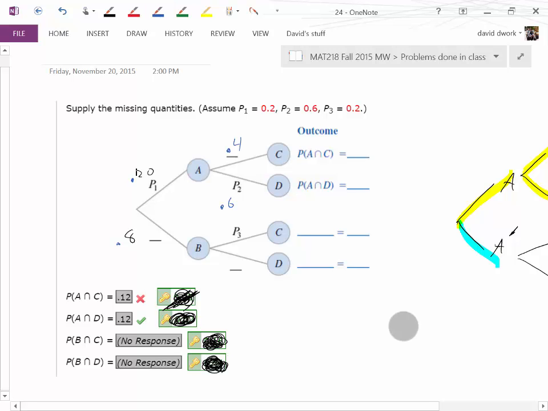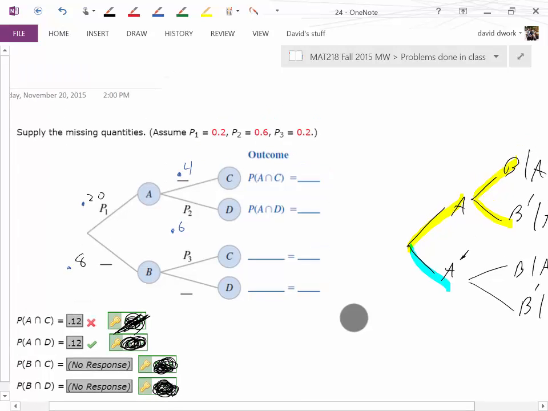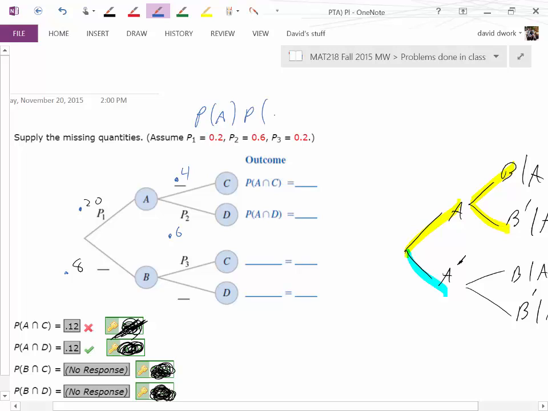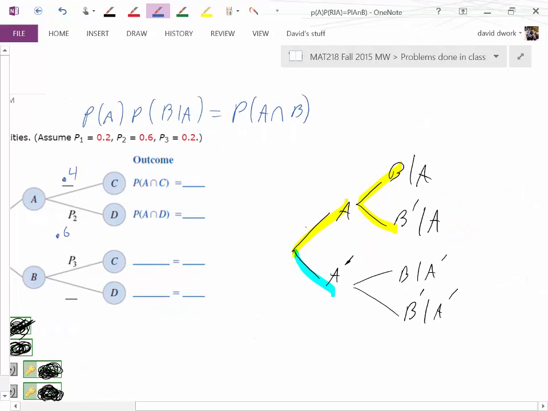Now there should have been a formula on conditional probabilities that you learned that said something like this: the probability of A times the probability of B given A is equal to the probability of A intersect B, whatever letters are used. This matches this.